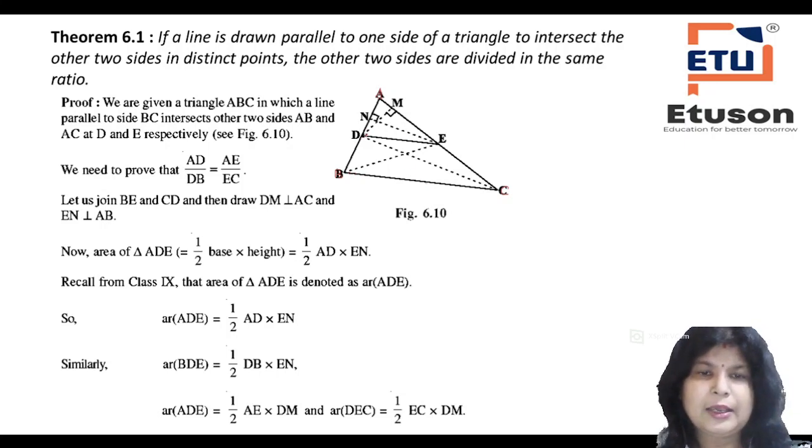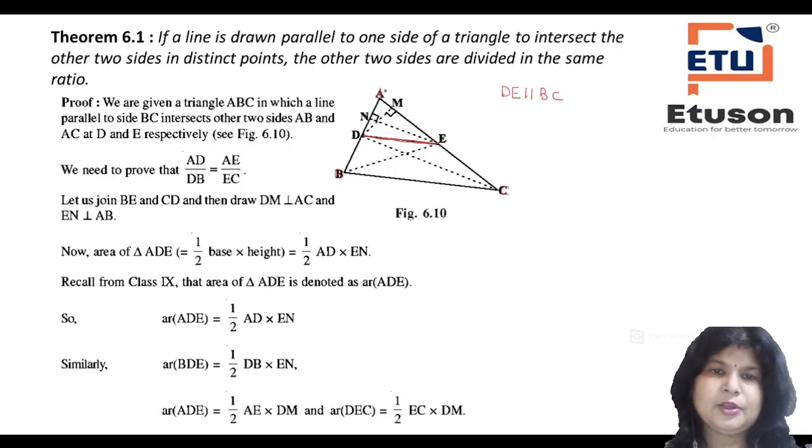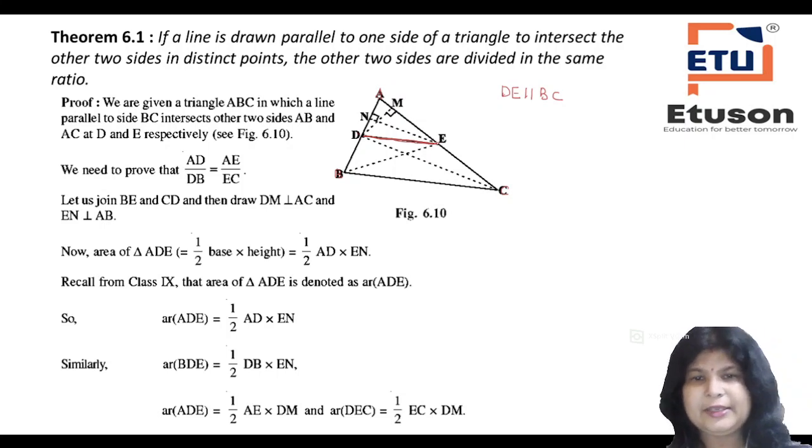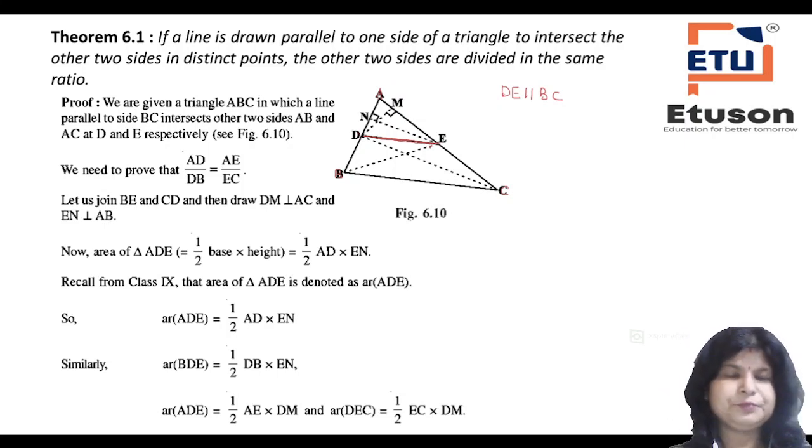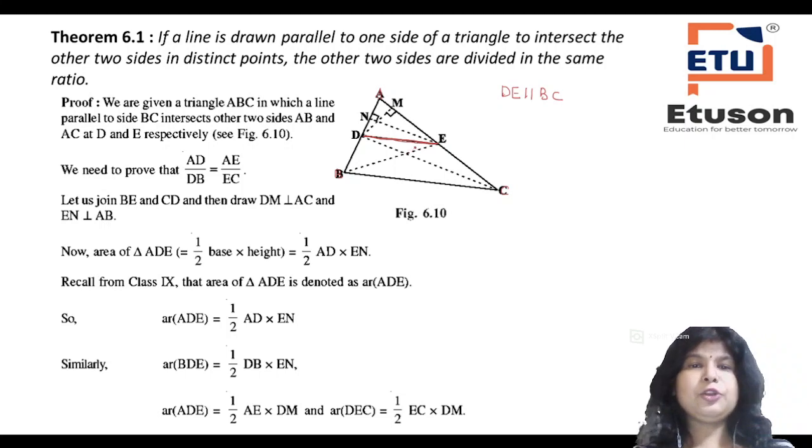So this is the line DE, which is parallel to BC. This DE is parallel to BC and intersects the other two sides, AB and AC, at points D and E respectively. Correct? So what do you need to prove now?